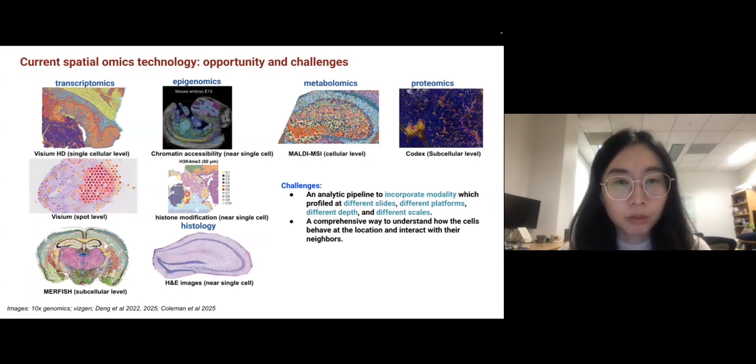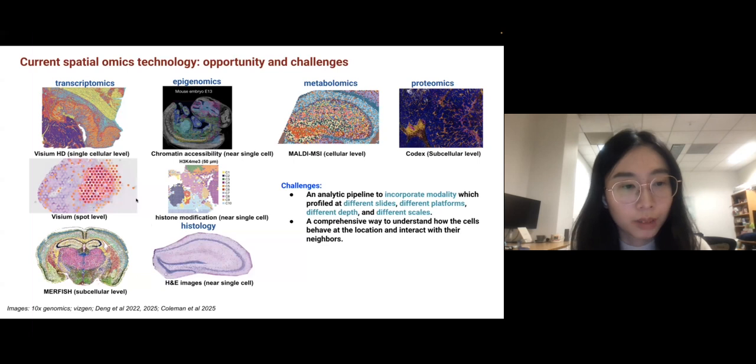And very fortunately, we have so many emerging and excellent tools and technologies that came out in recent years, which can profile across multiple modalities, for example, from transcriptomics to epigenomics, metabolomics, and proteomics. And within individual modalities, there are also various technologies and platforms.